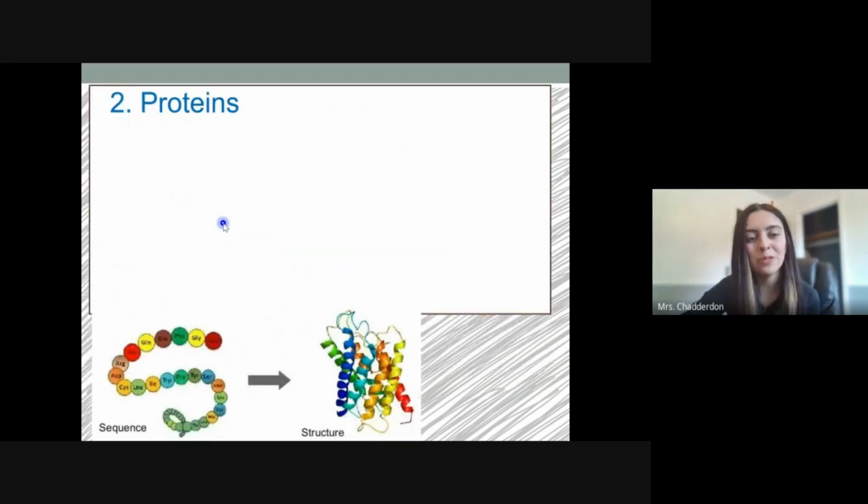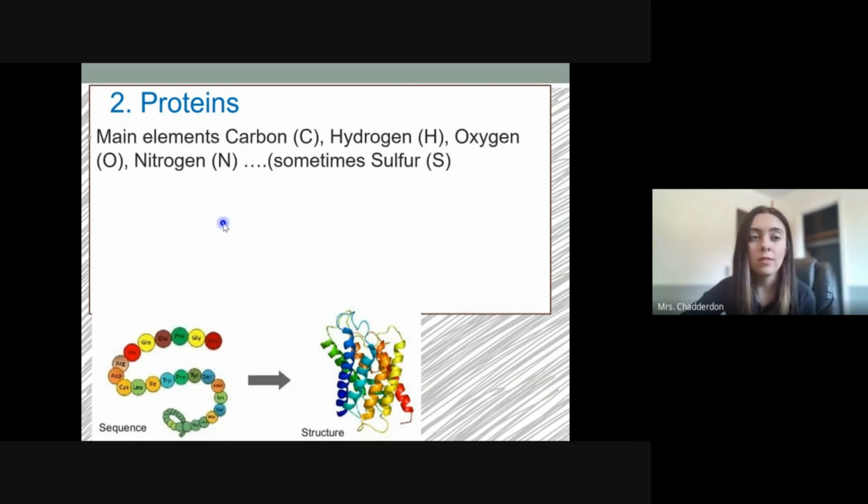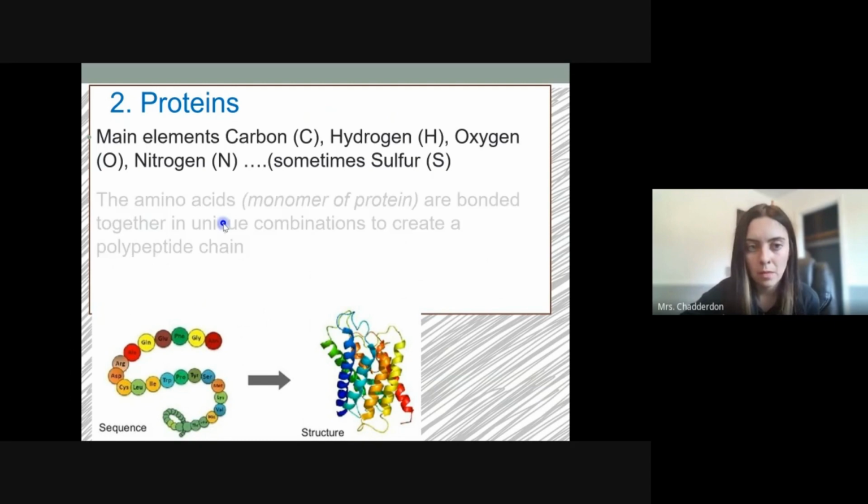When you think of proteins, you probably think of building muscle, and that has something to do with it, but proteins are so much more. They have a lot of functions in the body, and we're going to learn about them. The elements that proteins are made up of are carbon, hydrogen, oxygen, nitrogen, and some of them have sulfur.